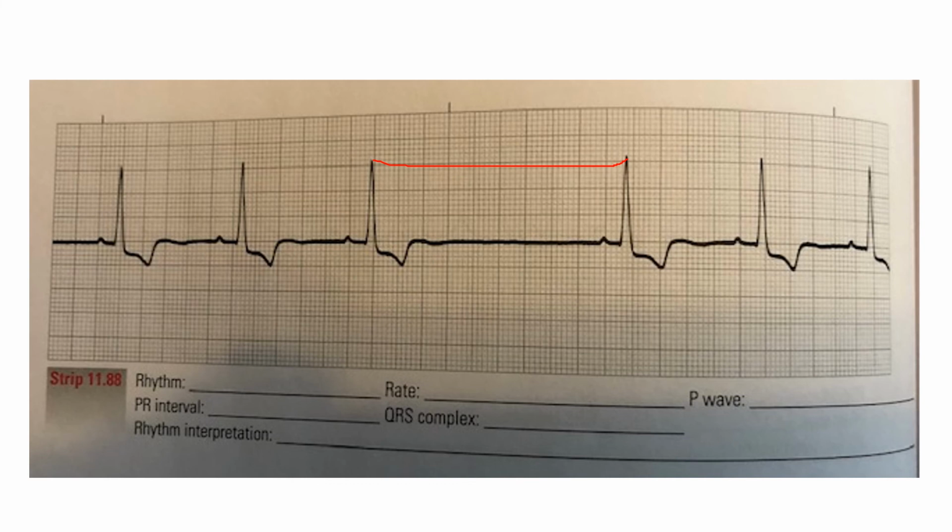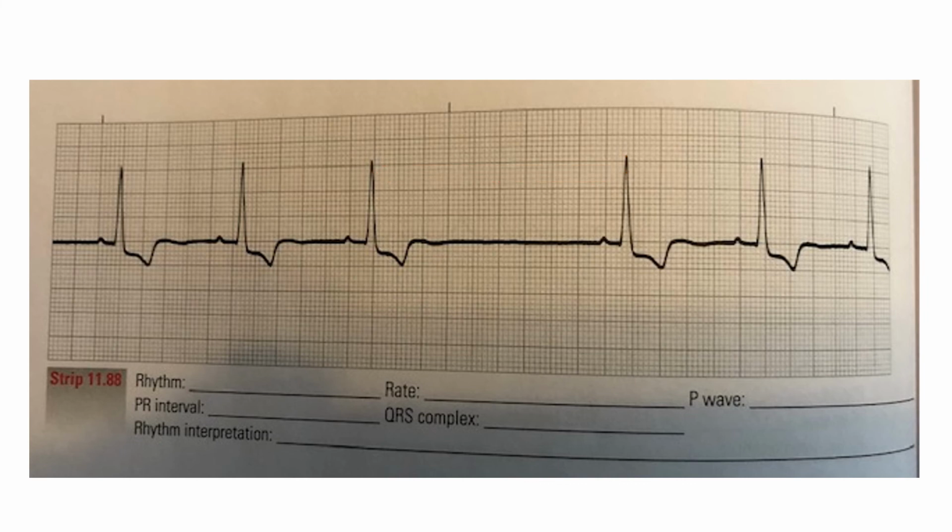When you're measuring a pause, it's very important to remember you're measuring from R to R. If you're looking at that, and I did the calculations, doing 5, 10, 15, 20, 25, 30, 35, 40, 45, looks like 49 baby boxes in between the R to R. So that would mean that you have a pause of 1.96. Remember, you multiply every baby box by 0.04, and that would give you the length of your pause.